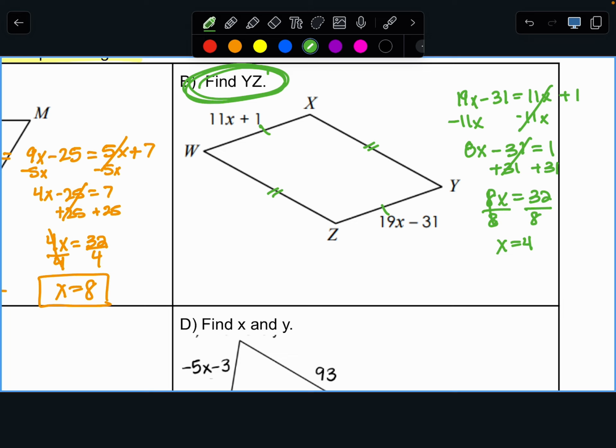I asked you to find YZ. This is the side that I'm looking for. So then we just do 19 times 4, that's a 4, minus 31 is 45.